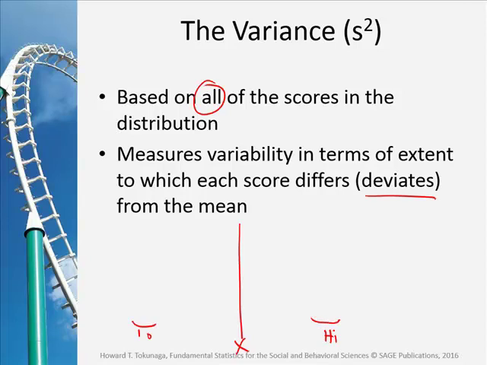But knowing where the bulk of the observations are relative to the mean is going to tell us whether or not we have a tall curve or a short curve. If our variance is small, then there's not a lot of variation from the mean.